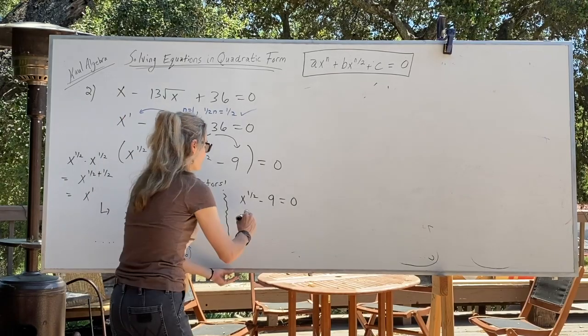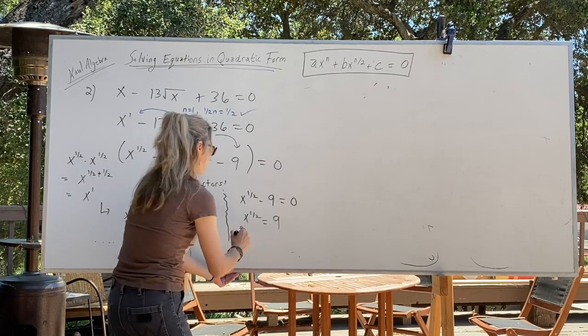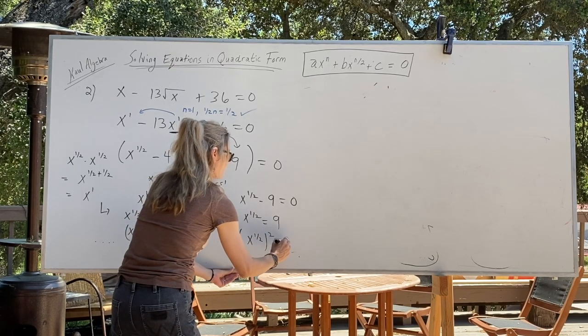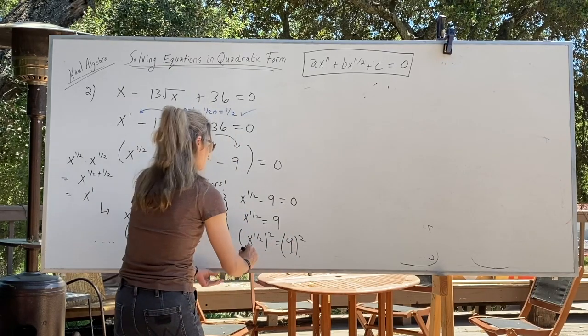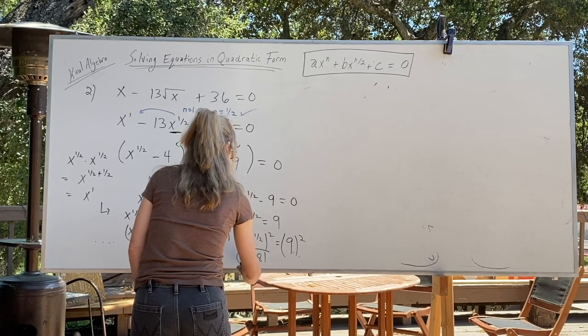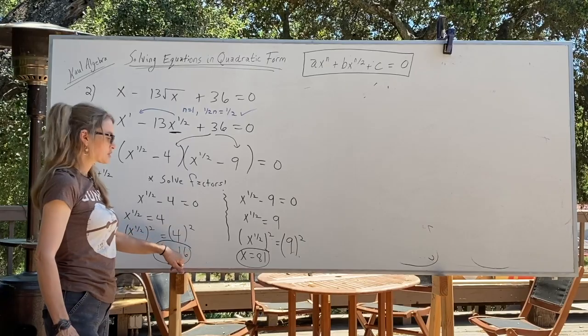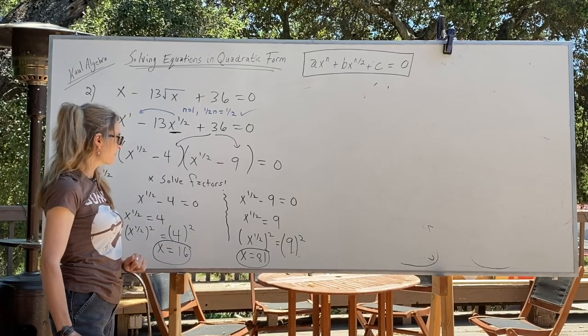Now here, this gives me 9, and then I want to square both sides, and I get x equals 81. So I get two solutions, x equals 16 and x equals 81.